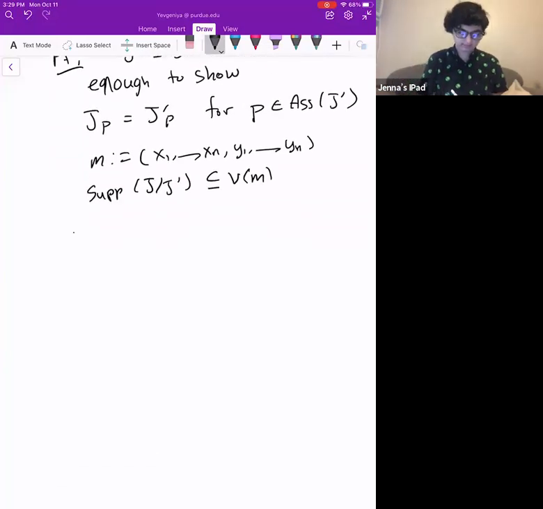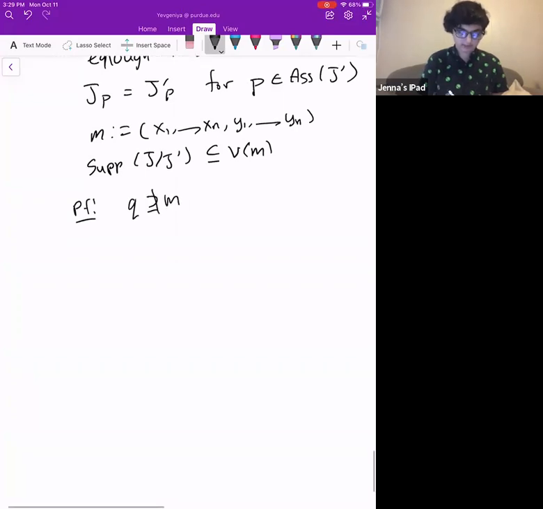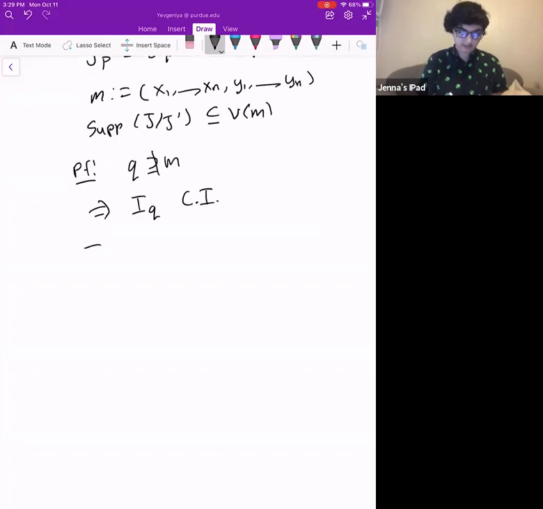So let's prove this. Suppose a prime ideal Q doesn't contain M. Then I localized at Q is going to be a complete intersection. And then J_Q is going to be equal to J prime_Q. And that follows from that paper by Kustin, Miller, Ulrich in 1989.